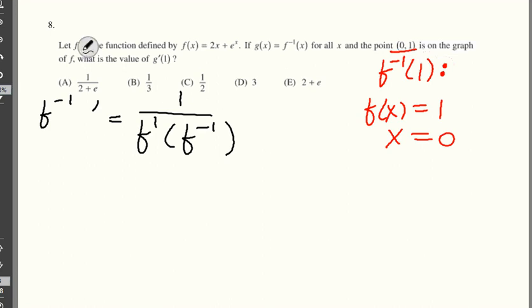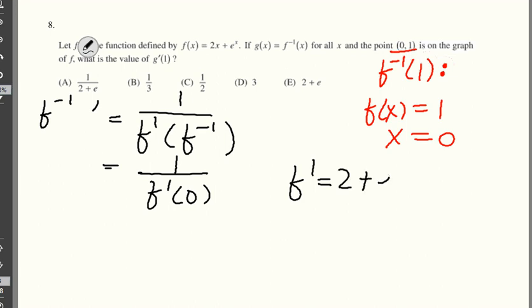And so this is 1 over f prime of 0. Now I need to just take the derivative. F prime is 2 plus e to the x. Plug in 0. 2 plus 1 is 3. Answer choice B. There we go.